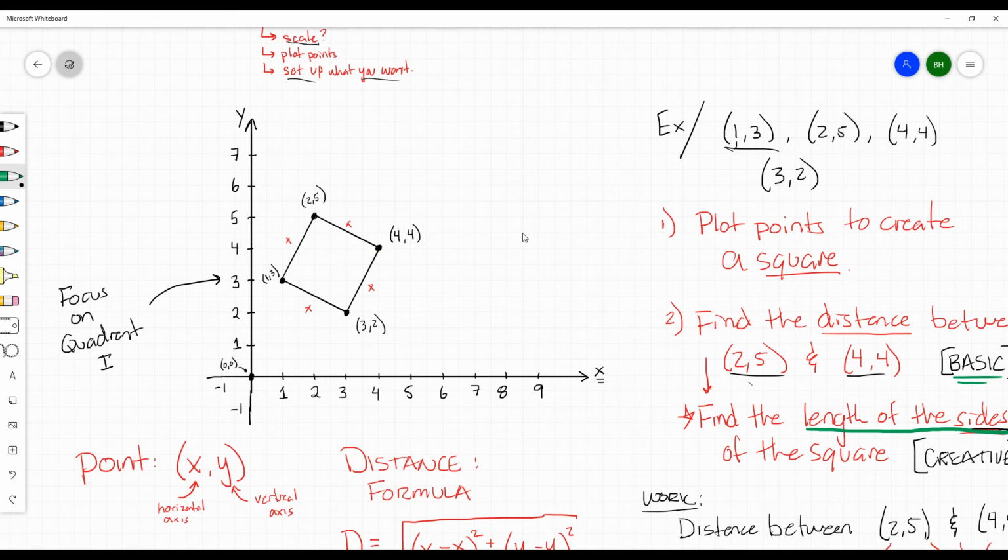Or what you could do is you can actually find what is the midpoint of one of these sides, and what is the midpoint of one of these sides? And using that information, you can see where those 2 lines cross and intersect, and then determine the midpoint using that.